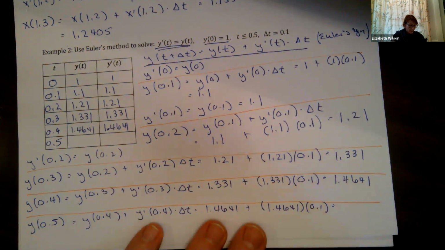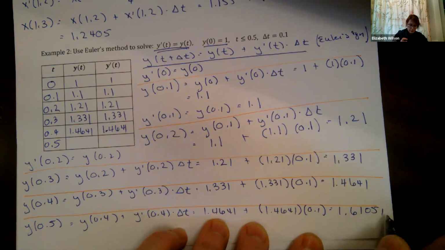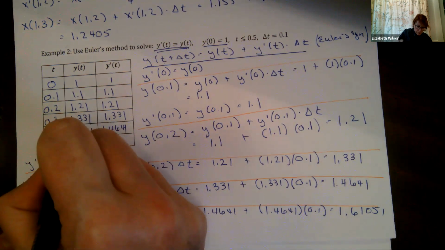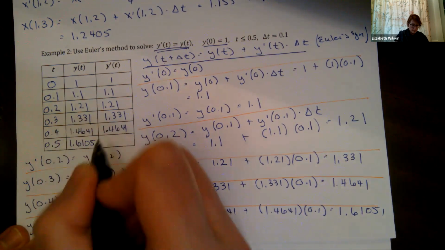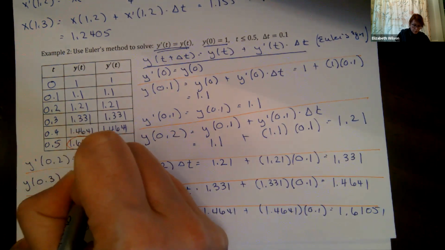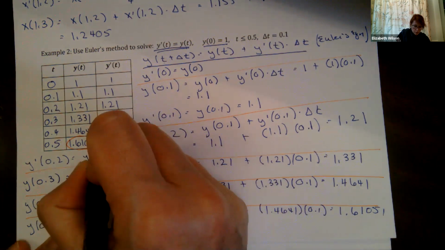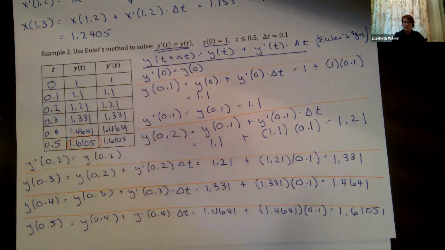In that one, I got 1.6105. Okay, and technically I'm done. I don't have to fill in my derivative, which I can because they told me. They said the derivative is equal to the function, so I can just fill it out.